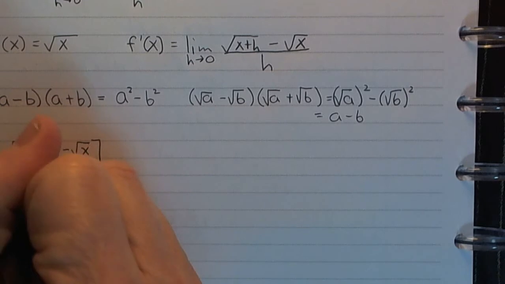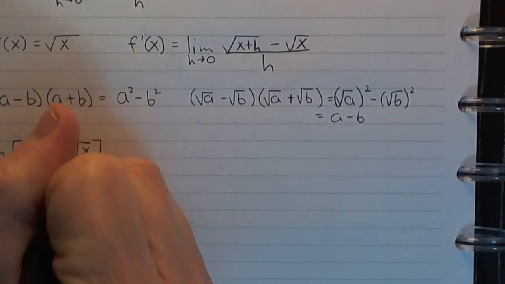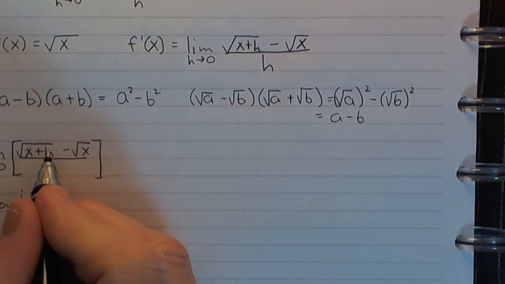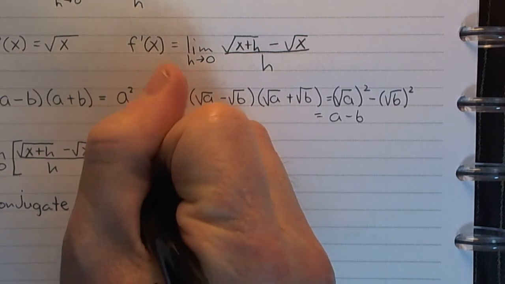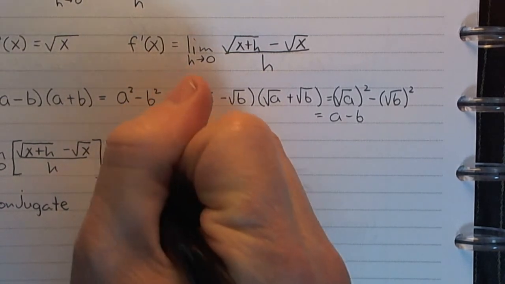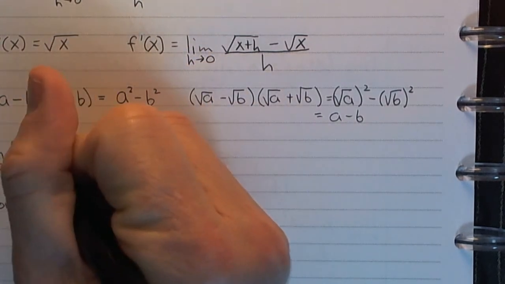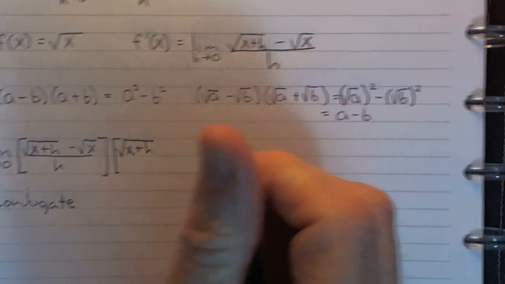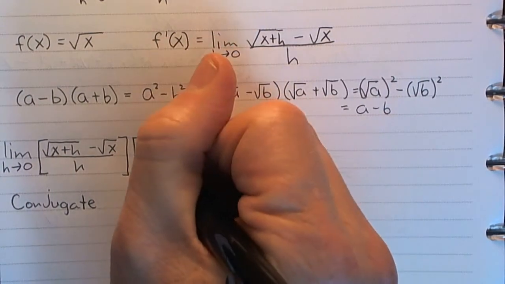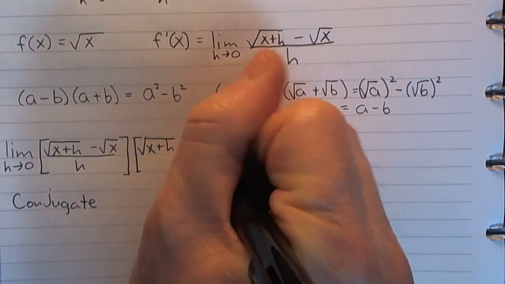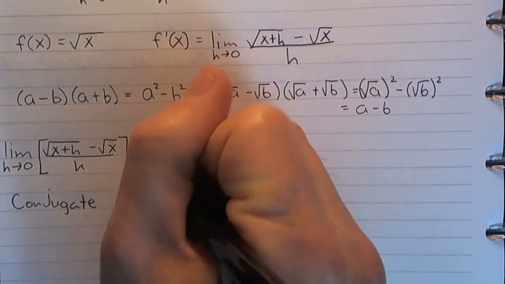The conjugate of the square root of x plus h minus the square root of x. What the conjugate is, is we change the sign between these two radicals. So instead of the square root of x plus h minus the square root of x, we're going to take the square root of x plus h plus the square root of x. And we're going to multiply the top and the bottom by that.